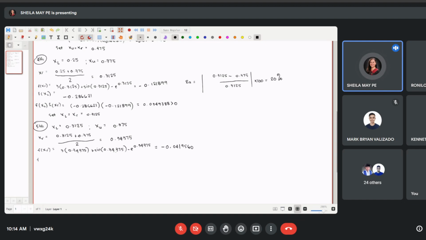So for the function of our x sub L, 0.3125, that's negative 0.121899.